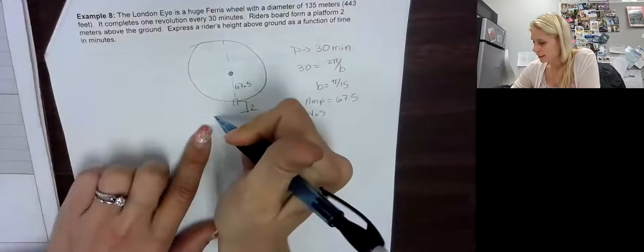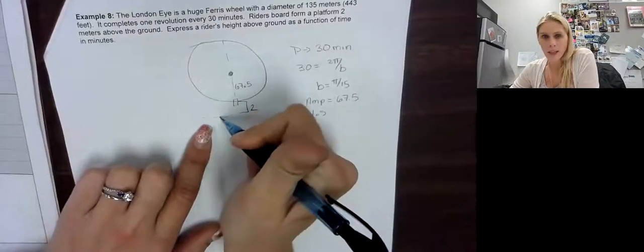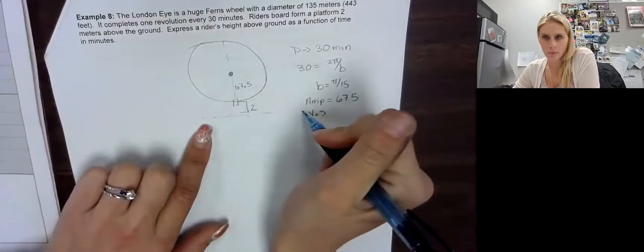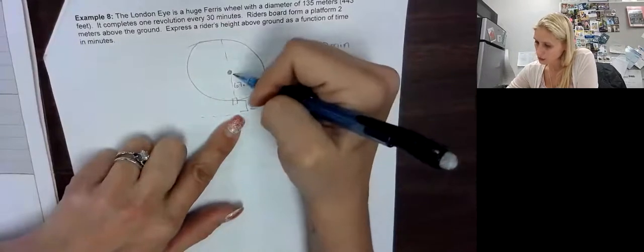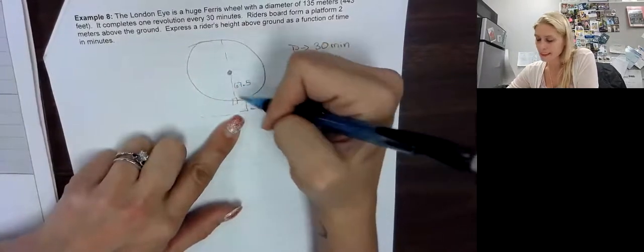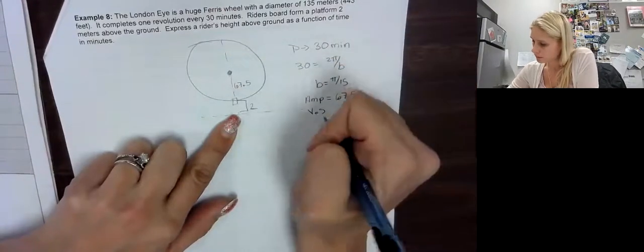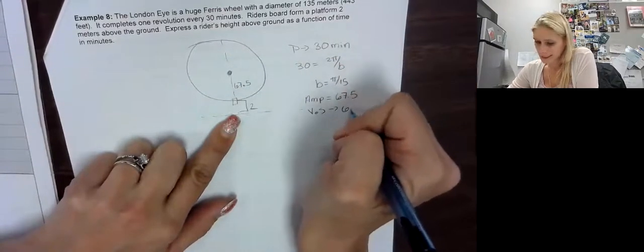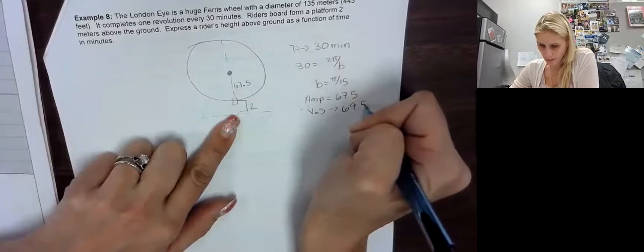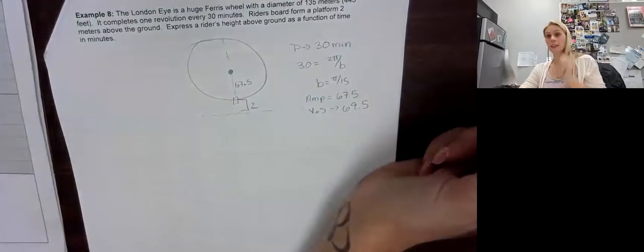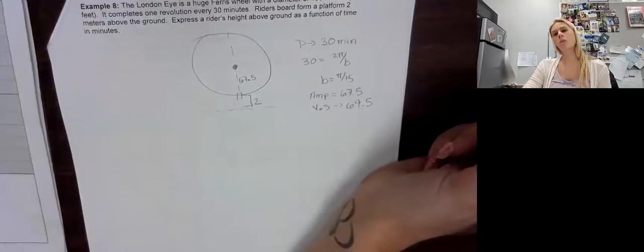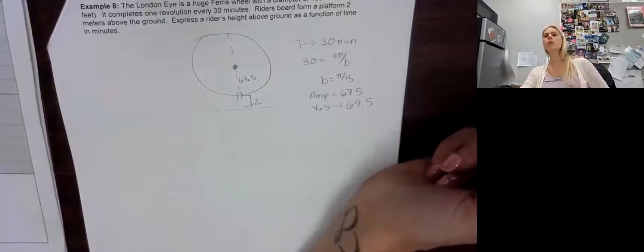We're not stationed at the ground, we're stationed in the middle. Well, what's the distance from the ground to the middle? 69.5.